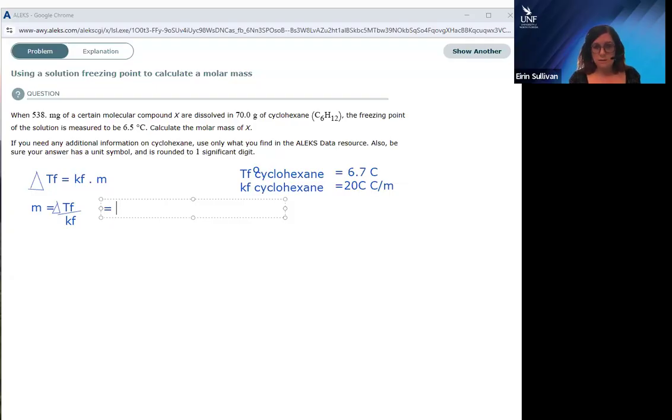So first things first, the delta T. Oh, I didn't work out the delta T. Well, the freezing point of the solution is 6.5, and the freezing point of the pure solvent is 6.7.